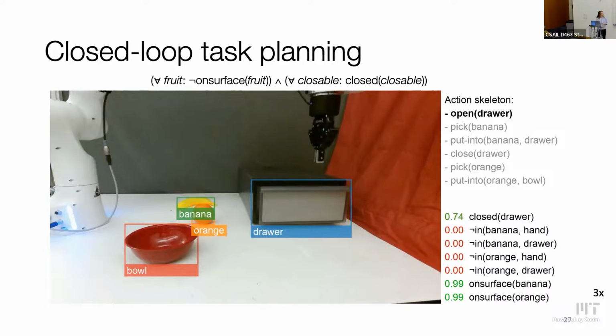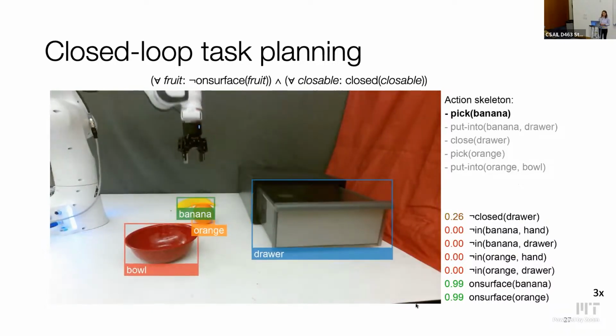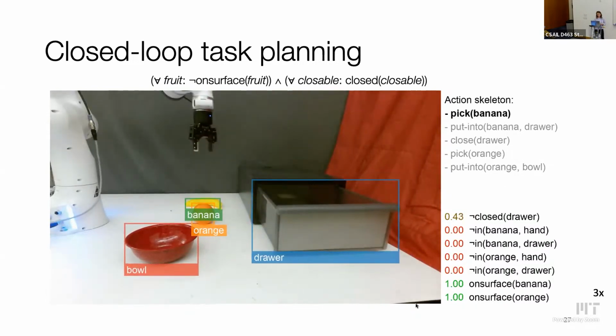And we set up a task planning scenario where the goal is to clear the fruit off the table. On the top here, you see the logical formula for that goal. And the task planner comes up with a sequence of actions to satisfy this goal, given the current symbolic state as inferred from these predicate classifiers.